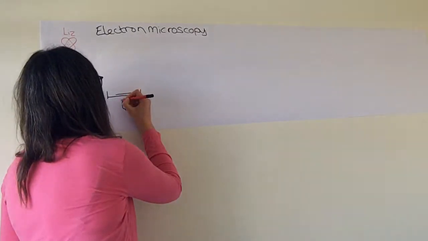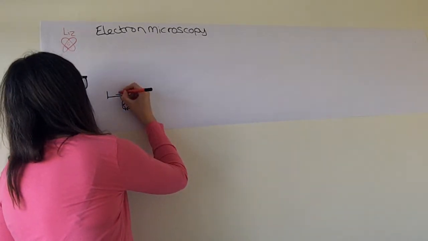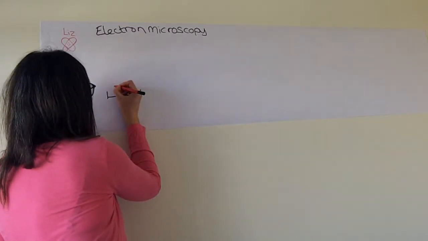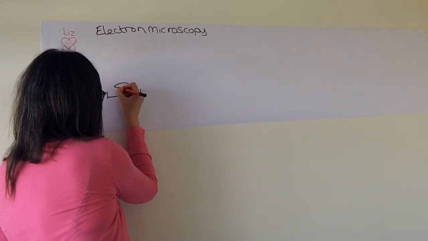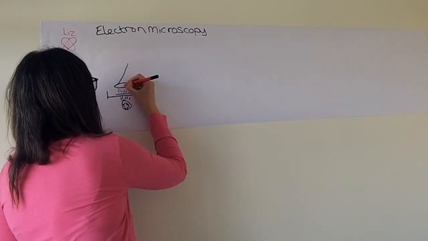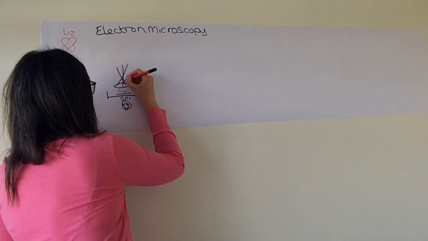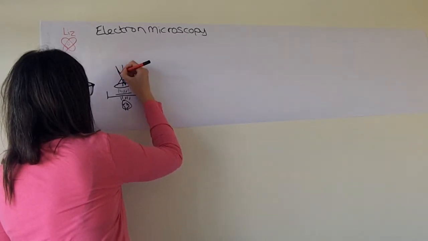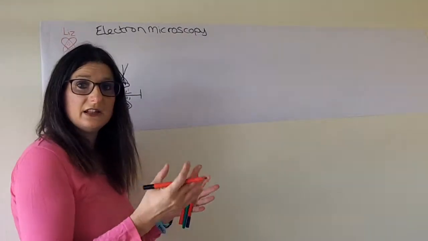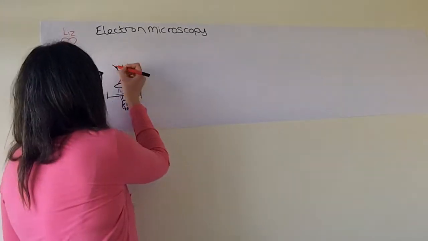So the light comes out of a light bulb here and goes through our sample and is then collected by the objective lens. And let's have them all crossing at the same place, shall we? And this takes the light that's come through and magnifies it.